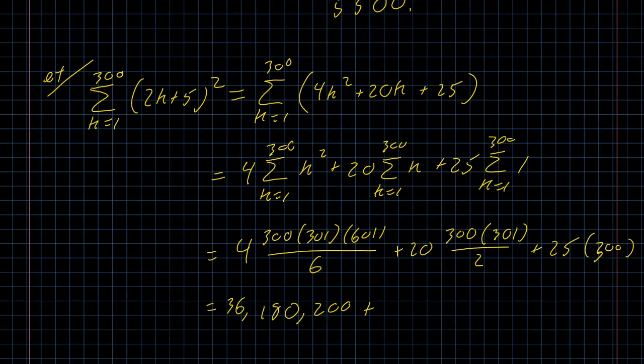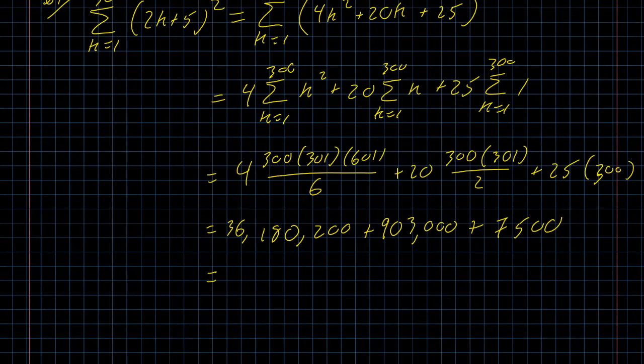Then we'll take 300 times 301 divided by 2, which is 45,150, but there's a 20 in front, so we'll multiply that as well and get 903,000. And then we've got 25 times 300, which is 7,500.